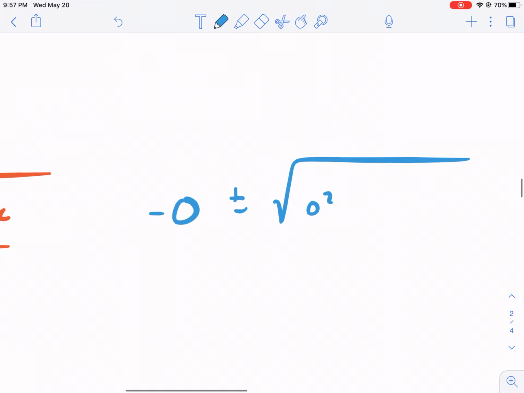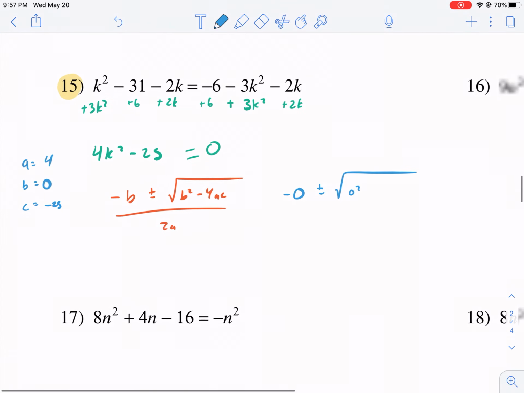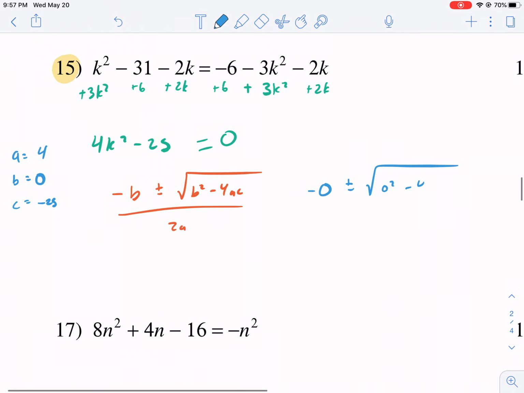Look at that line again. Oh my goodness, that is quite the square root. If you want to take a screenshot of this square root, I would not blame you. So you have 0 squared minus 4 times 4 times negative 25. A lot going on there. 2 times negative 25 in the bottom.